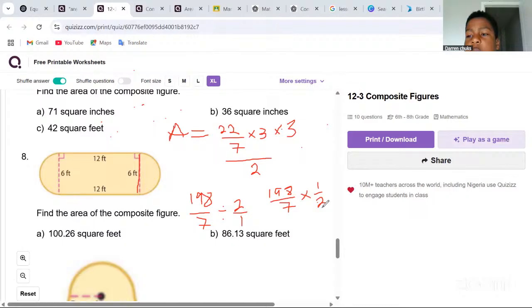That would give you 99. Very good, 99. So we're having 99 all over 7. What is 99 all over 7 going to give you?